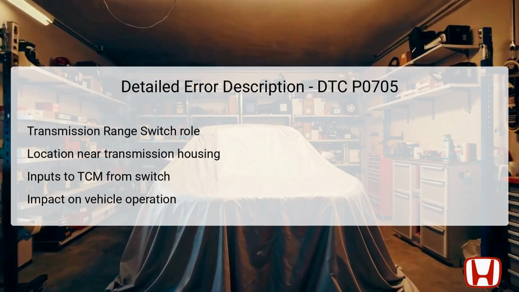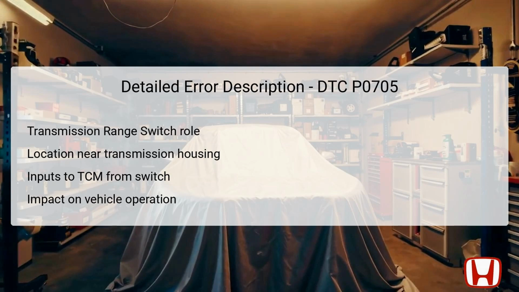The transmission range switch is a critical component in the Honda Accord's transmission system. It is located on the transmission housing and monitors the gear shift position. This switch sends signals to the TCM, which translates them into appropriate transmission adjustments. If the range switch malfunctions, it can disrupt this communication, leading to the TCM storing DTC P0705.